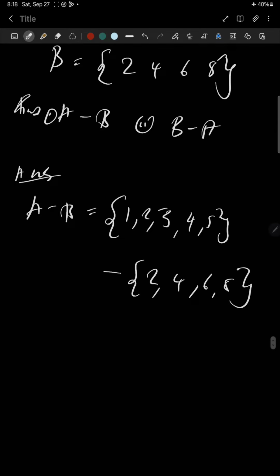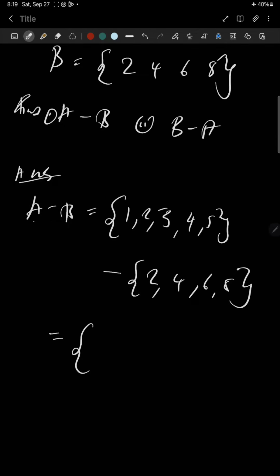Since we said A minus B means the numbers that belong to A but do not belong to B, what are those numbers? Notice 1 belongs to A and does not belong to B. So A minus B means the numbers that are found in A and are not found in B.